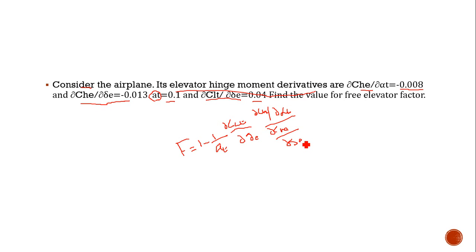Now we can see AT they have given, so this term we know. Dou CLT, they have given the value, that also we know. Then dou CHE divided by dou alpha T they have given, and dou CHE divided by dou del E, that also they have given.